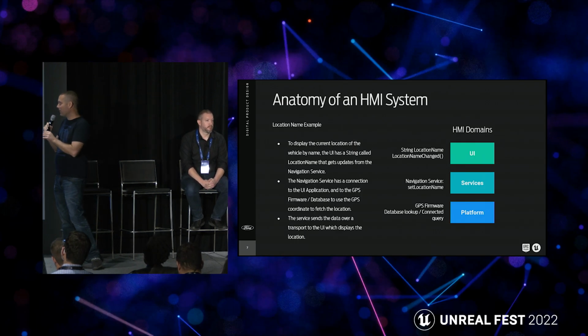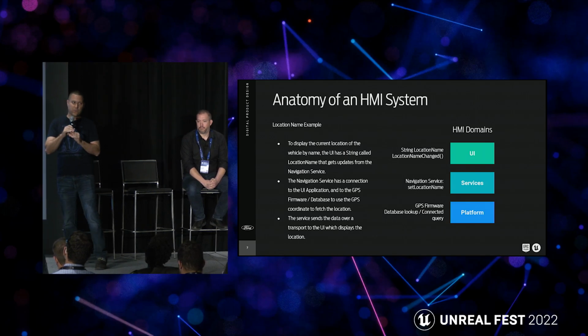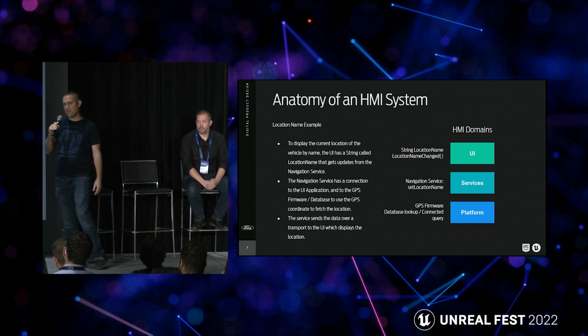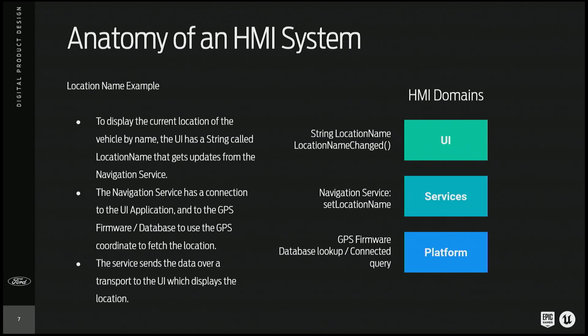So I have a simple example of these domains working together. Let's say in your UI you have a label that takes a string of a location name. You're driving through multiple cities, and every time you get to a new city, that location changes. So we have a location name changed event that gets triggered every time the UI needs to update the label.